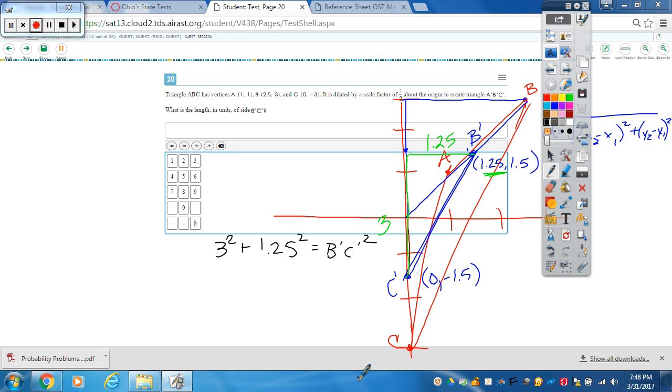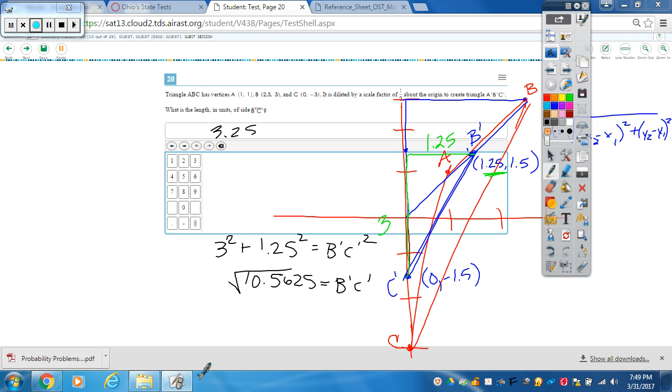So if you work all this out, 9 plus 1.5625 is going to give you 10.5625, and we're going to square root that. And so in the end, the question asks what is the length of that side in units. Well, if you square root this, you actually get a nice easy number, 3.25. And so that's how I would do it there.